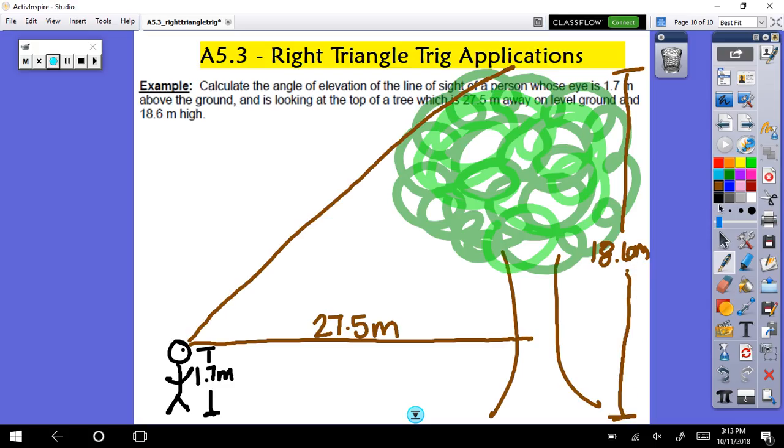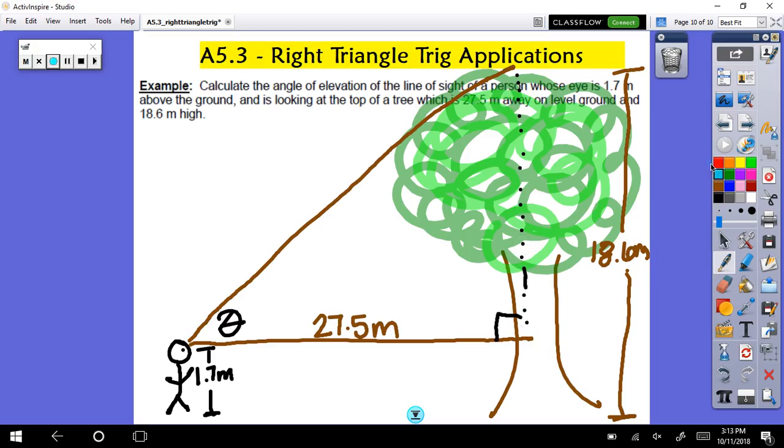I want to know what's the angle of elevation that they're having. How far are they having to tilt their head to see the top of that tree? So I need to drop a line right here and make this into a right triangle.